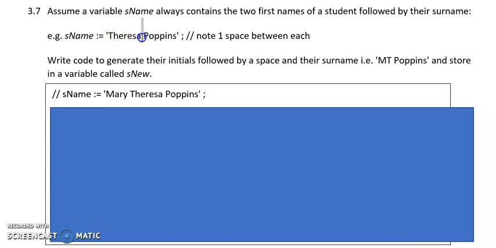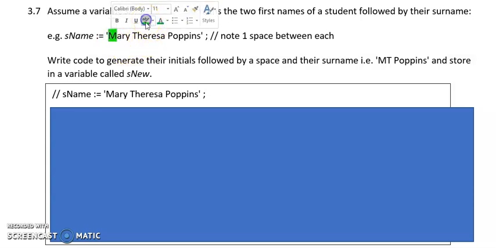Here's another space, so that's the name there. So that's T, the first character in it. And I say, right, well, now I've got the M and the T. And then I just discarded the rest of it and said, oh, okay, the surname is Poppins. So it's MT Poppins. We did that all in our brains so quickly without even realizing what we were actually doing. No, we totally realized what we were doing, hopefully.